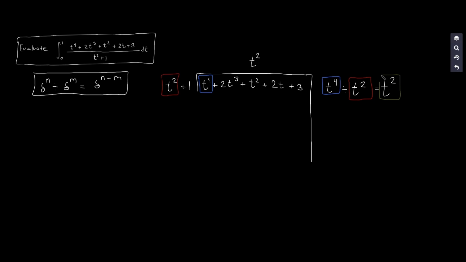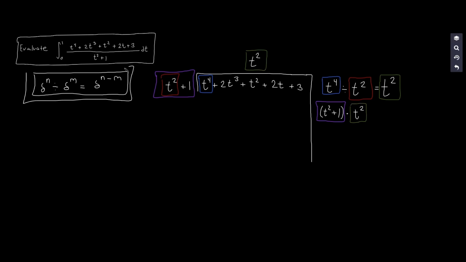We're going to stick with green here. What we'll do now is multiply t squared by the divisor. Okay, and then you see this exponential rule. Well, the same works in reverse as well, inversely speaking.